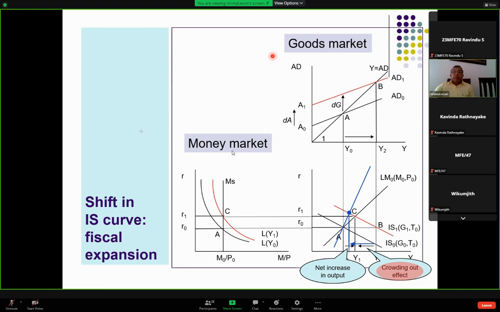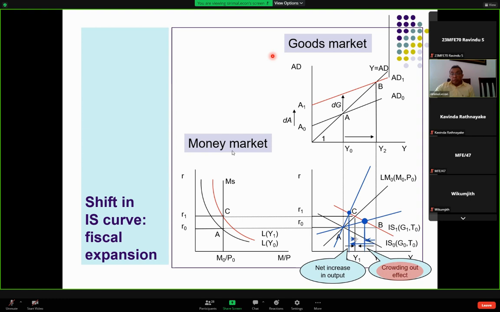Suppose that we have a flatter IS line like this, and our intersection point is here. And the crowding out effect becomes small, only this amount.